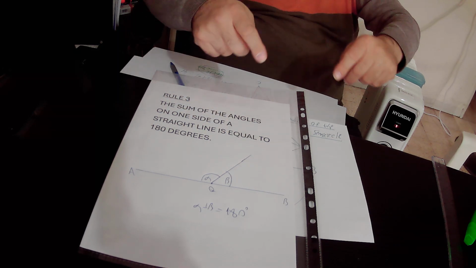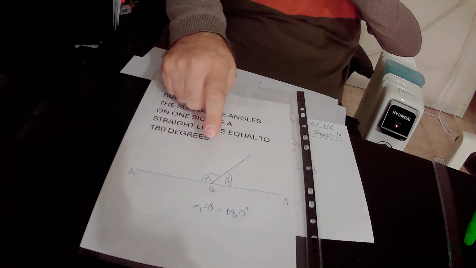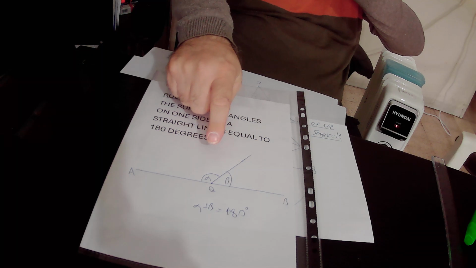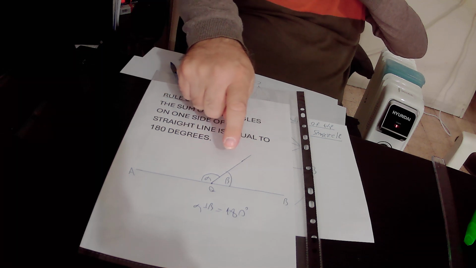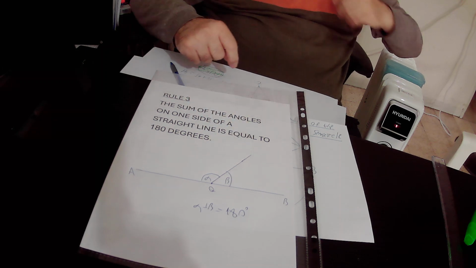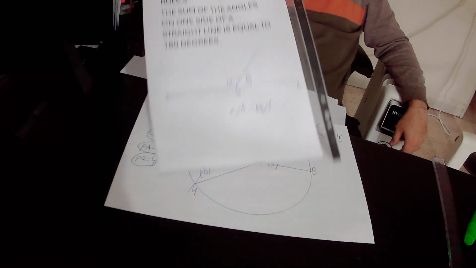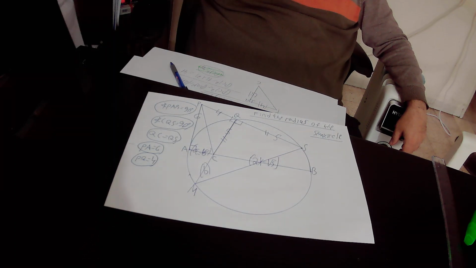So which angles do we have? At the upper side of the line at point Q, we have angle alpha and angle beta. So in total, alpha plus beta must be equal to 180 degrees. Here we can implement rule number 3.